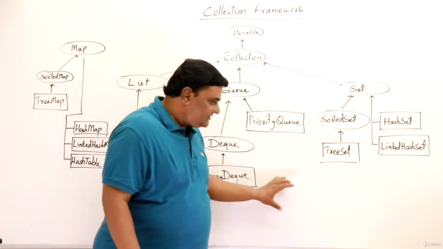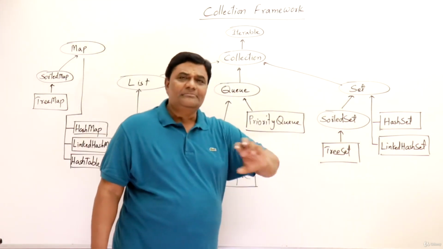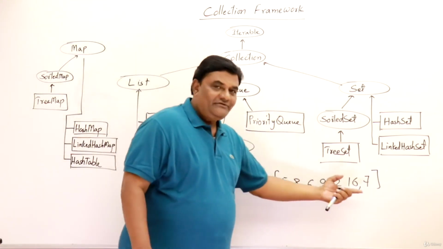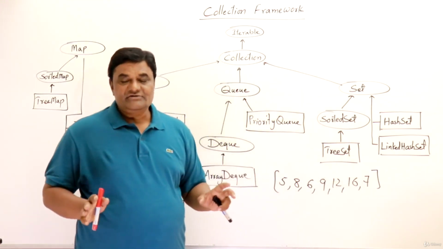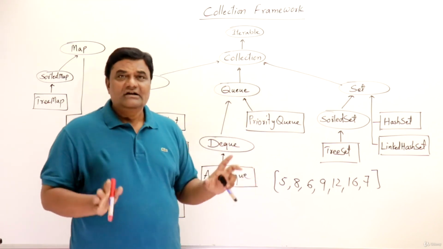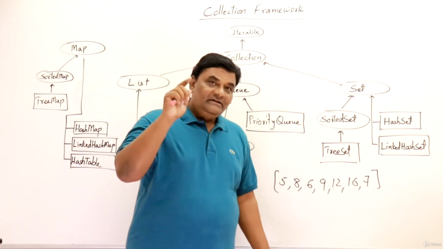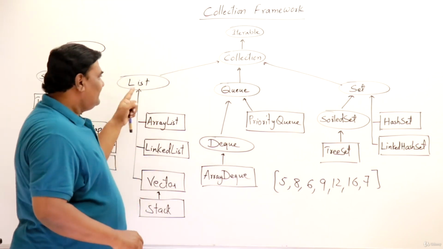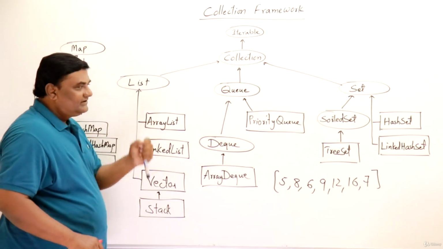Here I will draw a collection of elements, numbers I will take, and then I will discuss the rest. So this is a collection of numbers or integers. This is what a collection means, a group of elements. Now, the other interfaces extending from this, the first one is List.